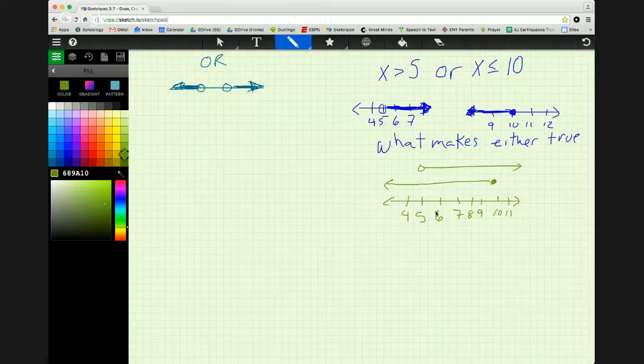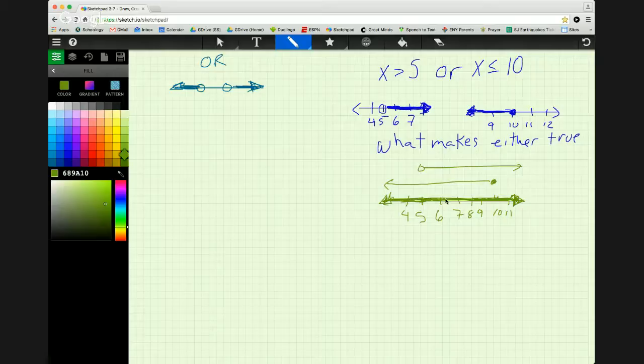Now, everything that makes this one true, all of these numbers on the right side of 5, make this guy true. So we know that all of this is true because anything that makes the left side true is going to be in our answer. Remember, it doesn't matter what this right side is if the left side is true. Similarly, everything on the right side is all the numbers to the left of 10. So all the numbers to the left of 10 make the right side true.